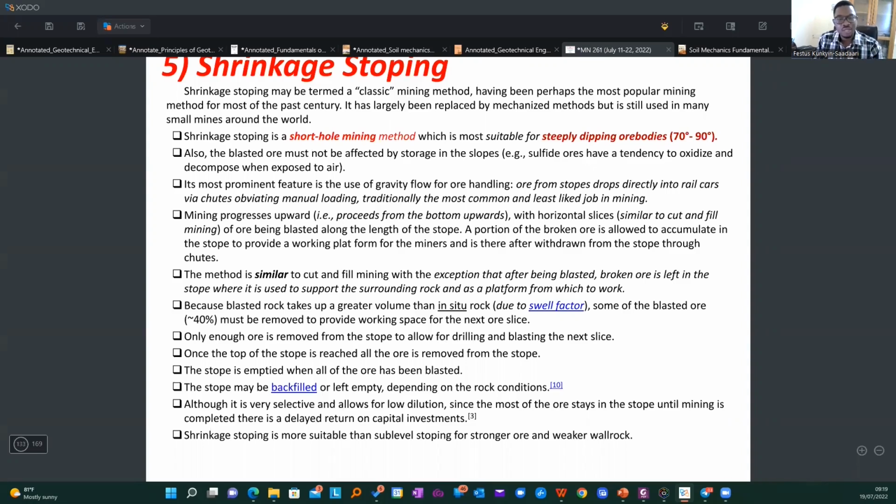Some materials, when you begin to excavate them, the volume of the in-situ material will increase by a factor of 0.2. That is 20%, or 10%, or 15%, or 30%. So depending on the swell factor, any material may increase in volume.